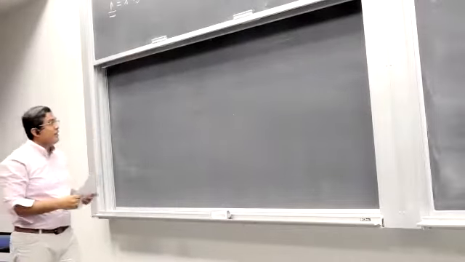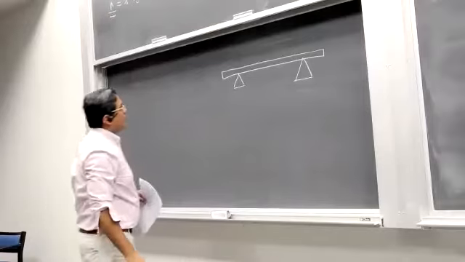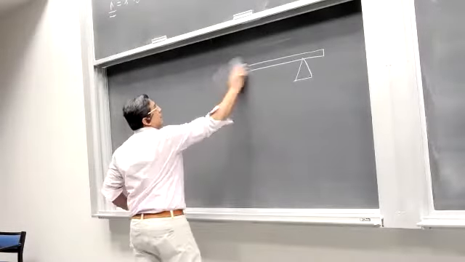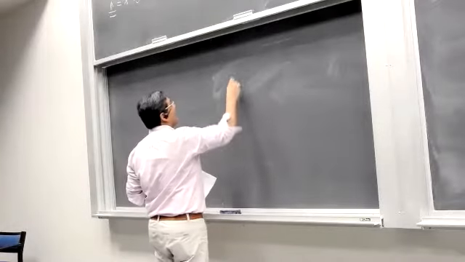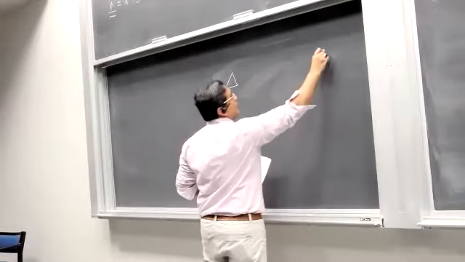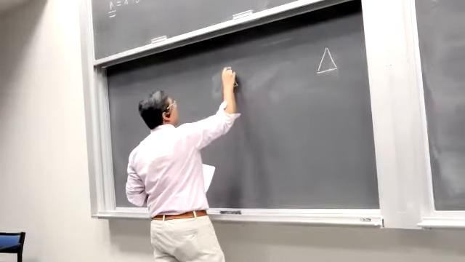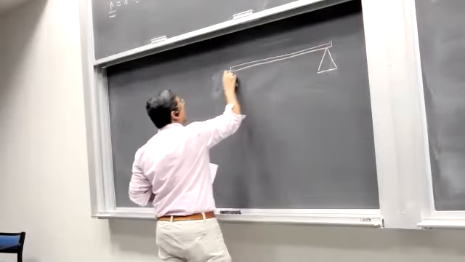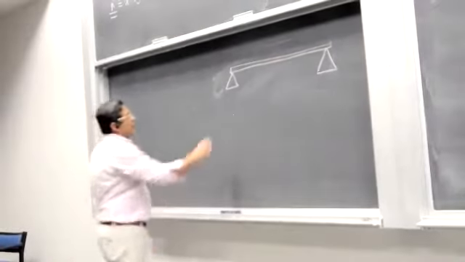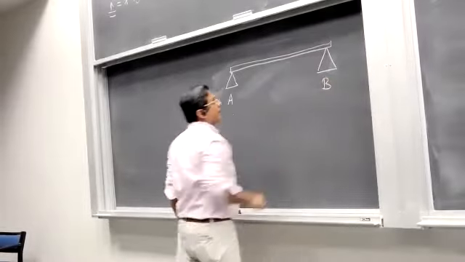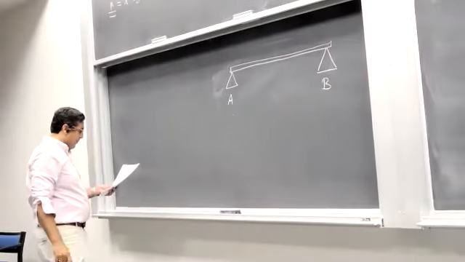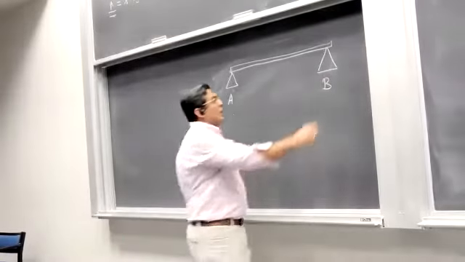Of rotational motion, all right? So the situation is that we have a uniform rod sitting on two wedges, A and B. Now, at some point, we suddenly pull this wedge out.